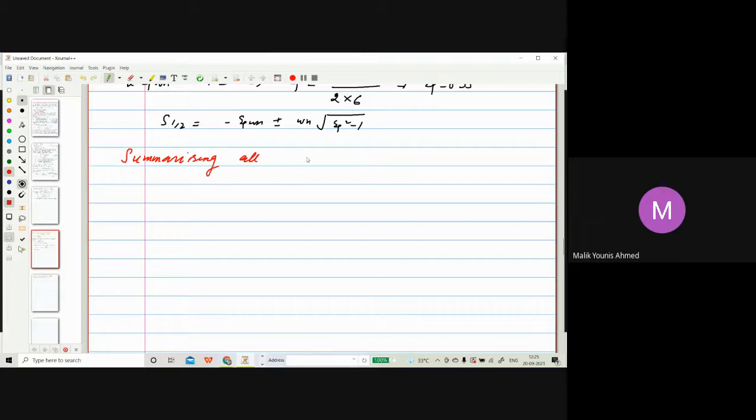Summarizing all cases in the tabular form. Values of xi and the responses we'll see. So let us make a table here.